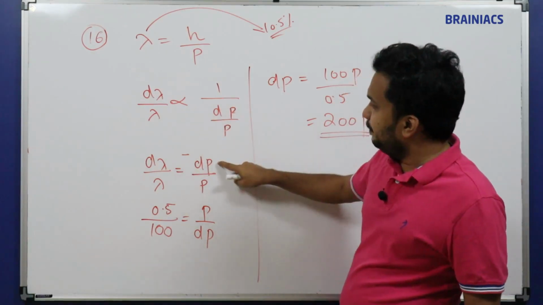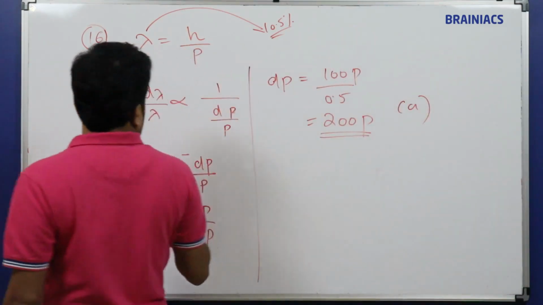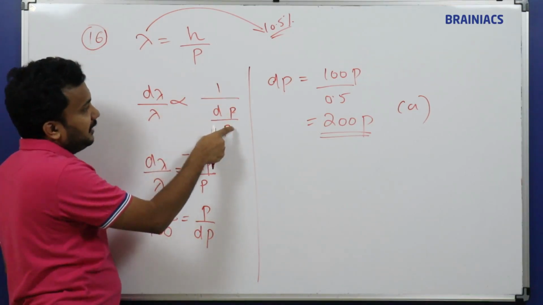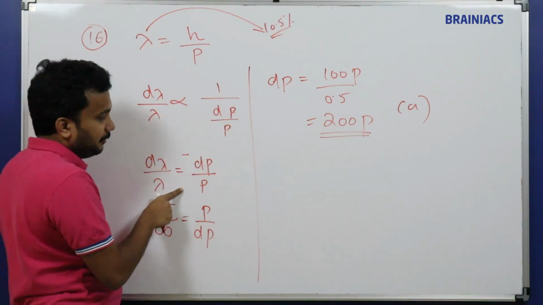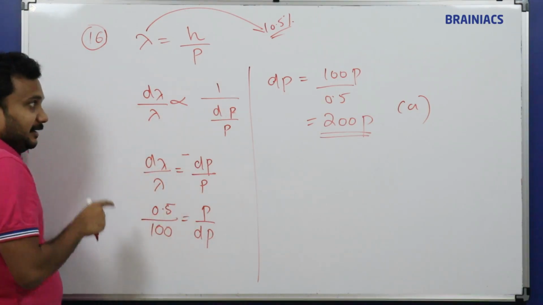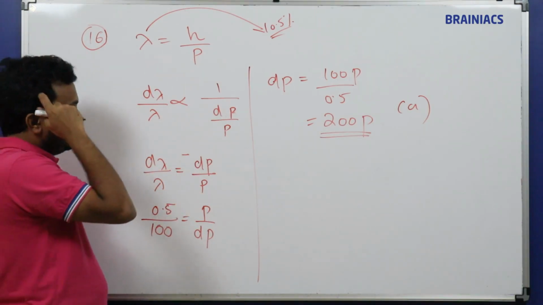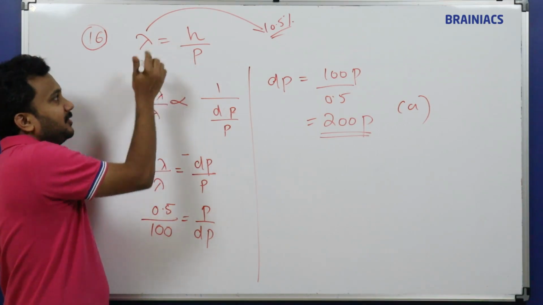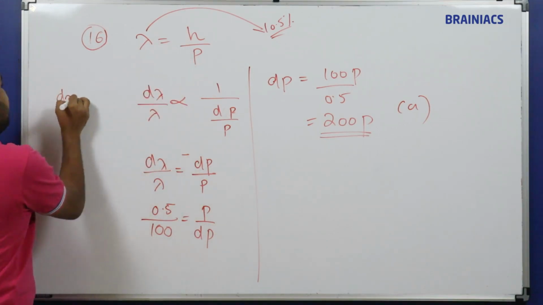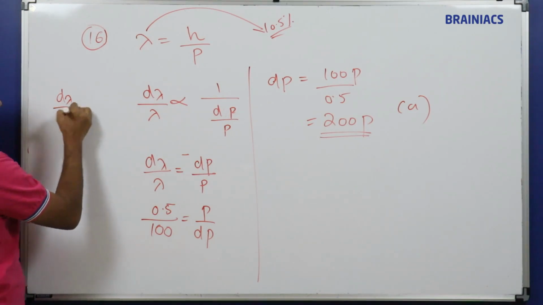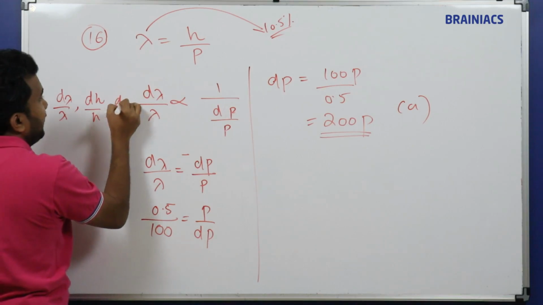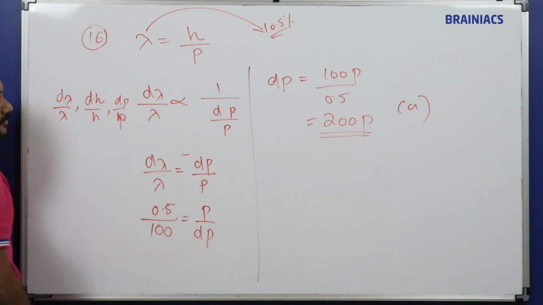This is proportional to 1 divided by dP by P. So in terms of the delta h, if h is a constant, we can write d lambda by lambda as one factor, dH by H another factor, and dP by P another factor.